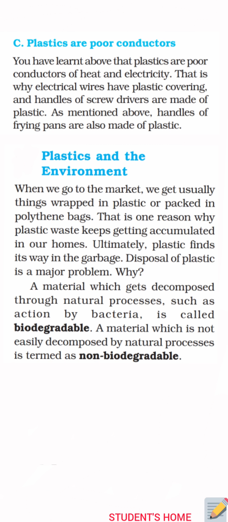Our third point under the characteristics of plastic is that plastics are poor conductors. You have learned above that plastics are poor conductors of heat and electricity. That is why electrical wires have plastic covering and handles of screwdrivers are made of plastics. As mentioned above, handles of frying pans are also made of plastics.